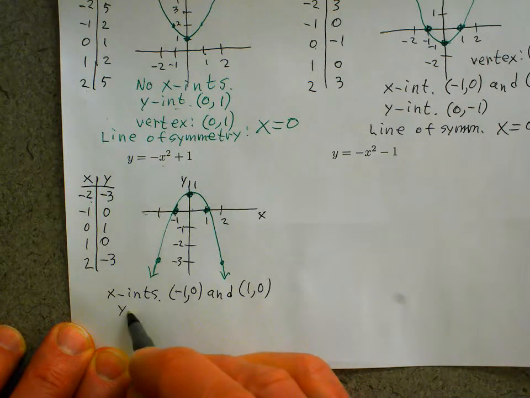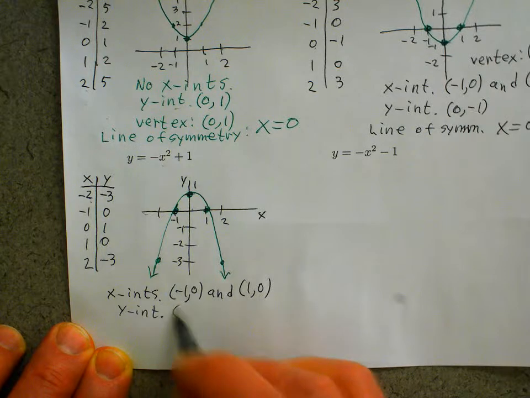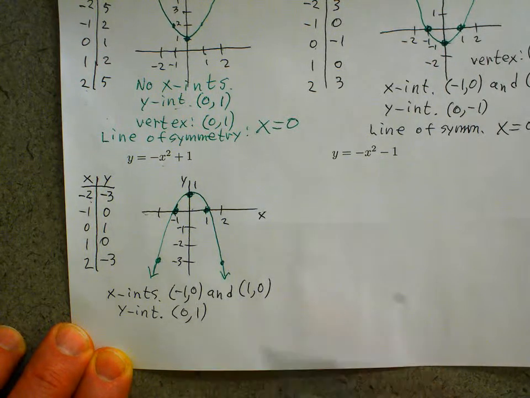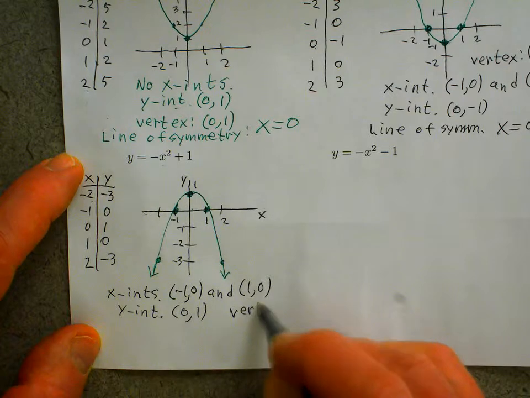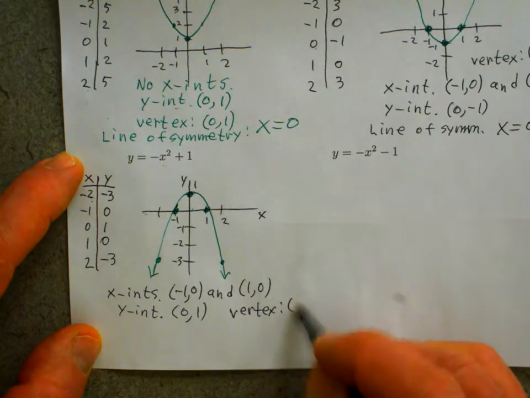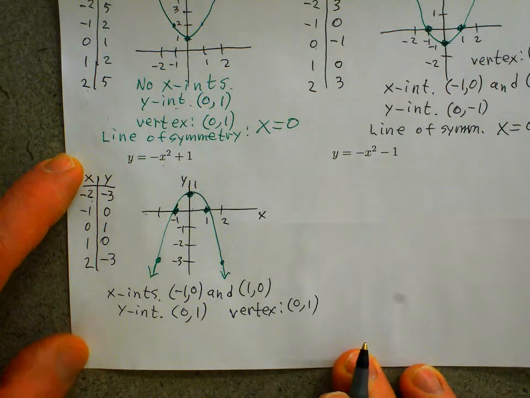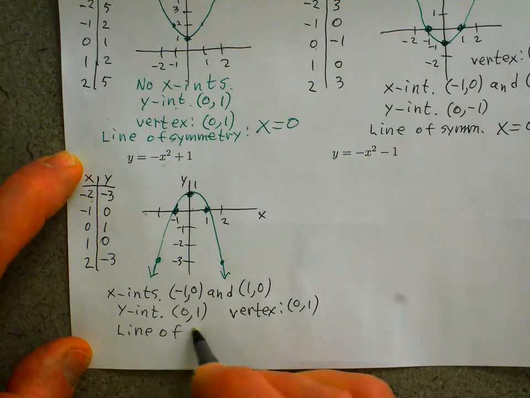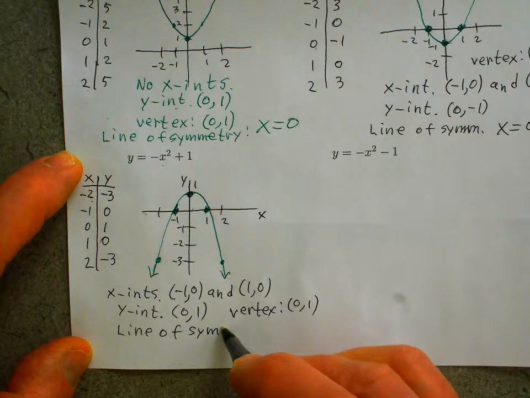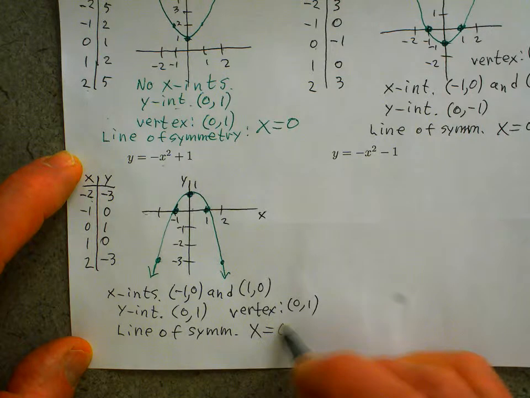The y-intercept is 0, 1. That's also the vertex, 0, 1. And then the line of symmetry, x equals 0 again.